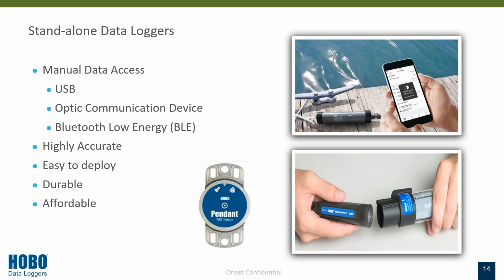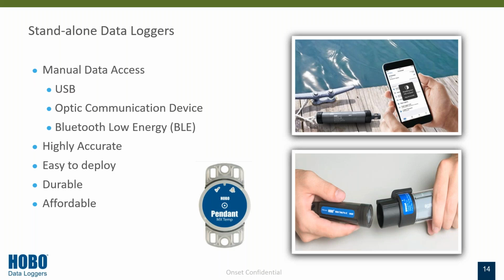Talking about our standalone loggers, we just mentioned the USB and the Bluetooth loggers. So again, these do require manual offloading by using either the waterproof shuttle or base station for the optical loggers, or the HOBO Connect app for the Bluetooth loggers.